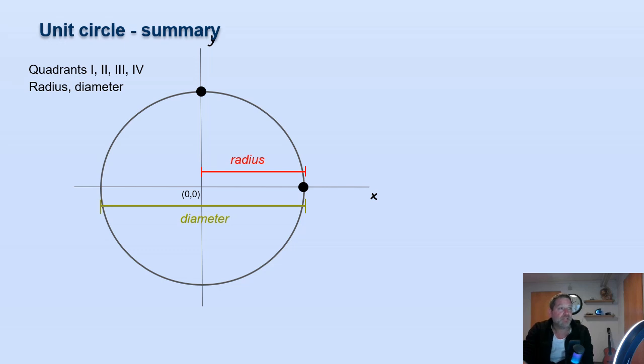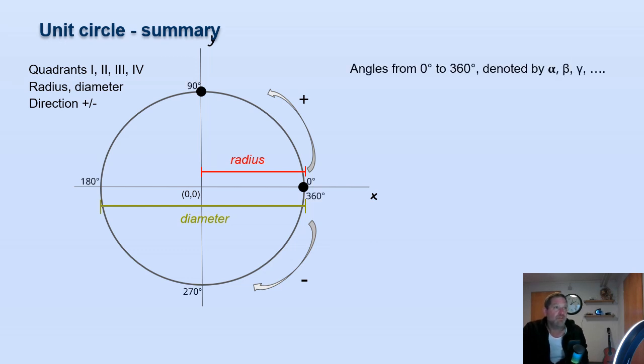And the diameter is the full width of the circle. Then we have the positive and the negative directions in which we can walk along the circumference. Then we have had a look at the angles from 0 degrees to 360 degrees. And the angles are usually denoted by a Greek character.